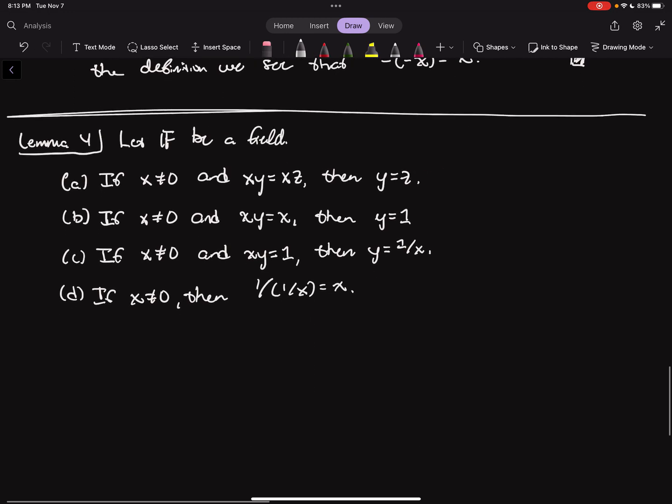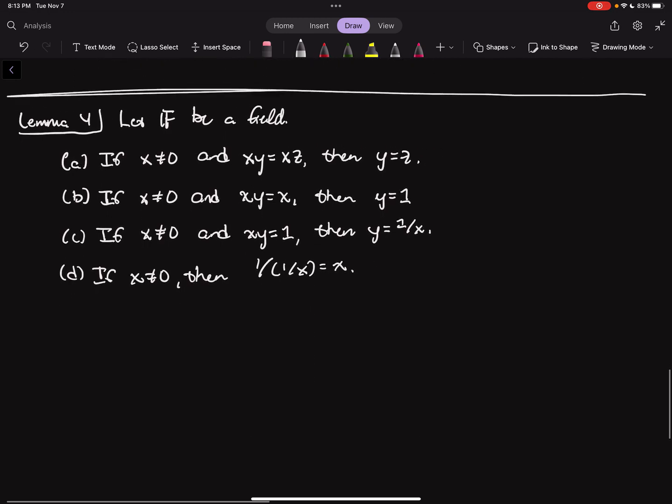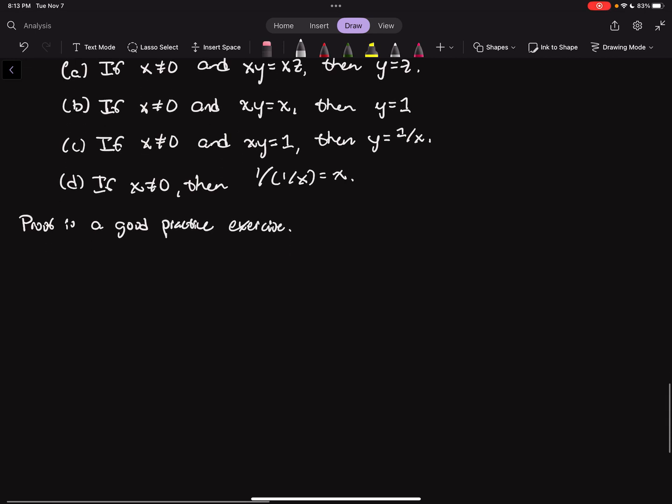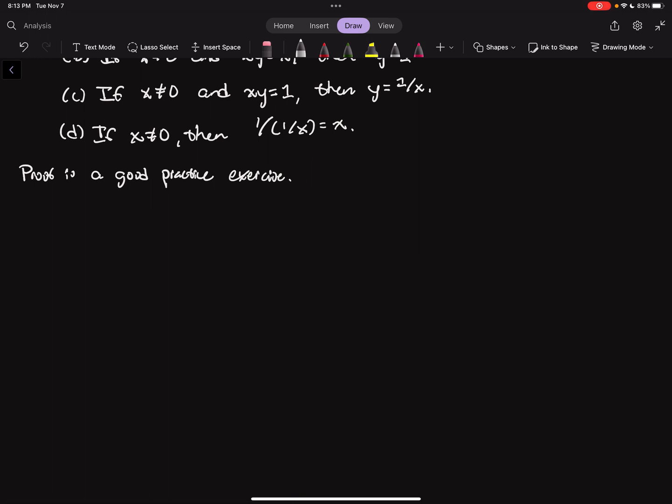Okay? And I'm not going to prove these. I just stated them for completeness. But if you want practice, I would encourage it as a good practice exercise. Okay. Now, let's do one more proposition.